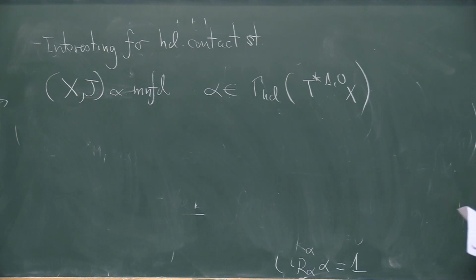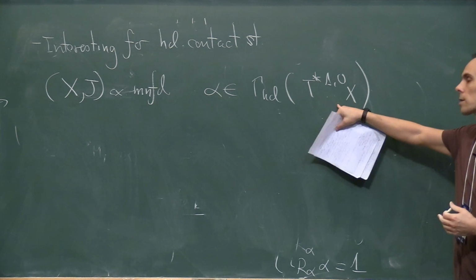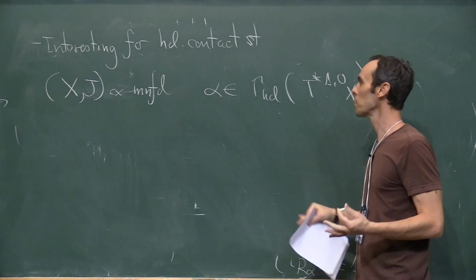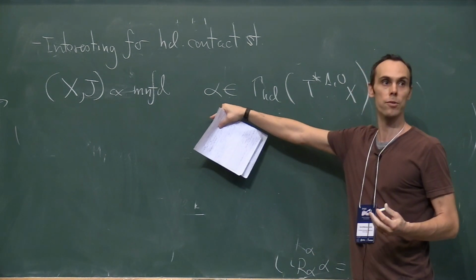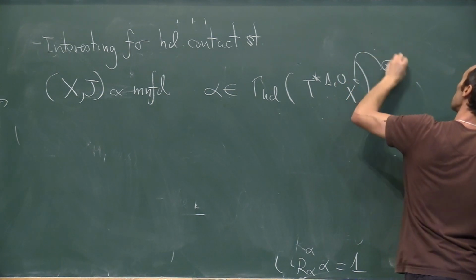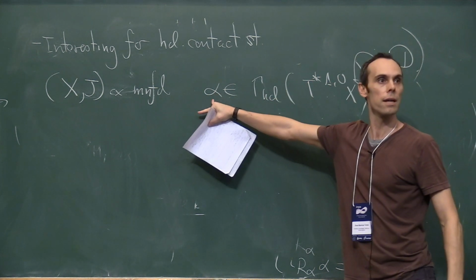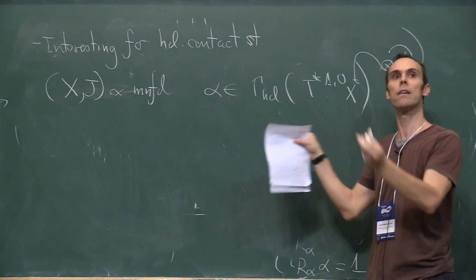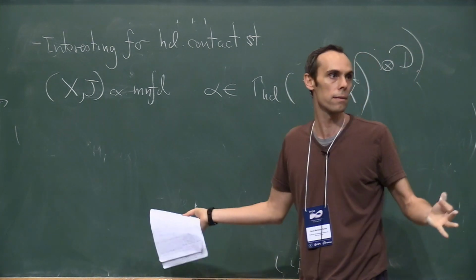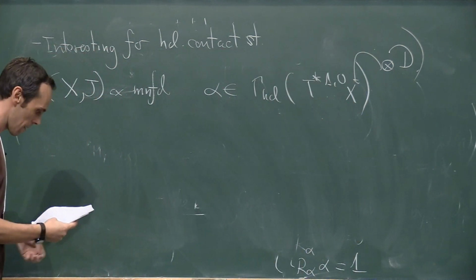In many situations, this holomorphic vector bundle won't have any global section, so it's not reasonable even to look for this kind of one forms. But it may very well happen that if you tensor this with the line bundle of a divisor, you may find sections which satisfy the contact condition. That would give you a theory of contact geometry with coefficients, and it's worth looking at. So that's the use of local systems of coefficients.